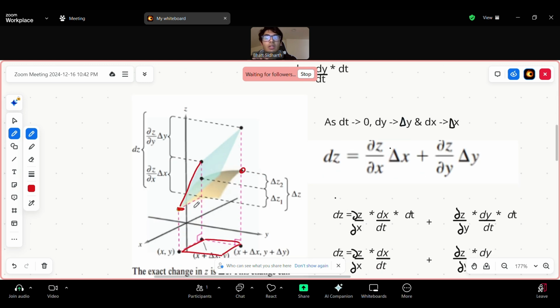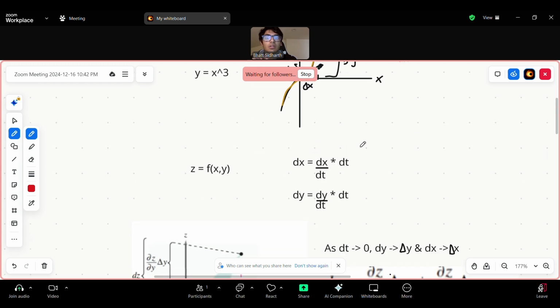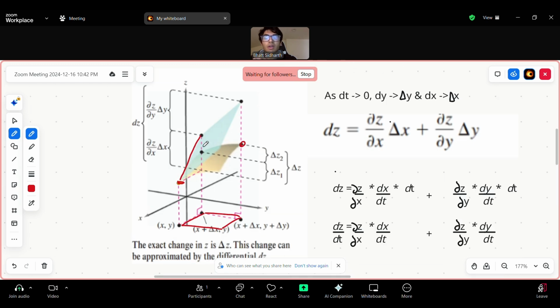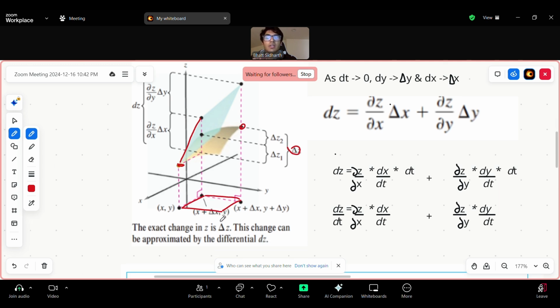And then instead of it being just something in terms of x, dz is equal to partial z over partial y times delta y plus partial z over partial x times delta x. So the sum of the two terms gives us the total change in z, and this gets closer and closer to the actual change in z as delta x and delta y get infinitesimally small.